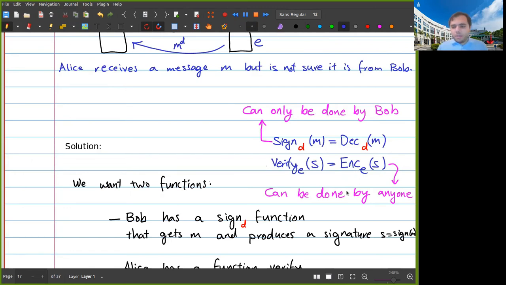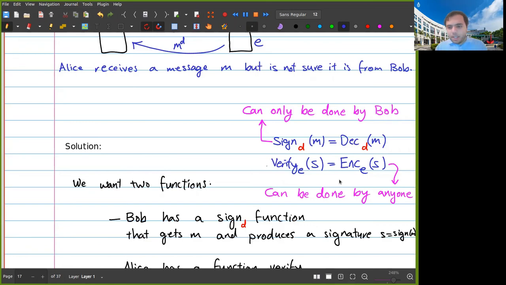So if you look at this idea here, it doesn't really depend on the exact crypto system that you're using. We are not really depending on RSA here. We are just depending on the properties of our decryption and encryption, on this idea that only Bob could do decryption. So we can say that signing is the same as decryption. And everyone could do encryption. So we say verifying is the same as encryption.